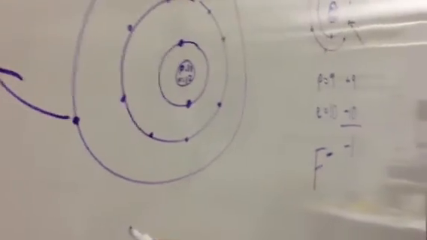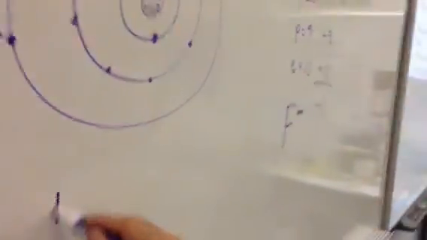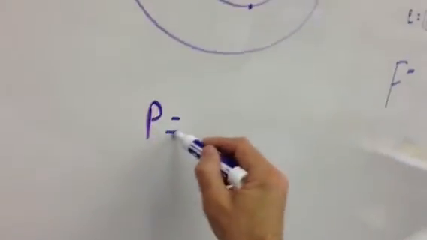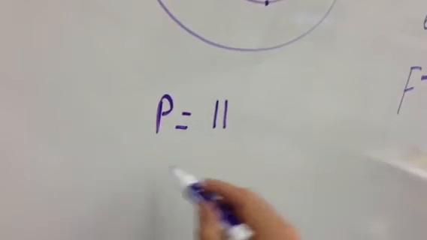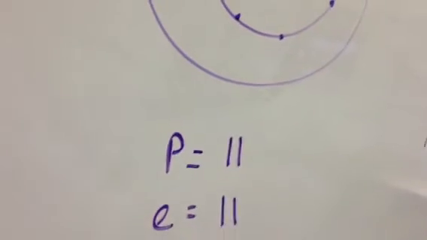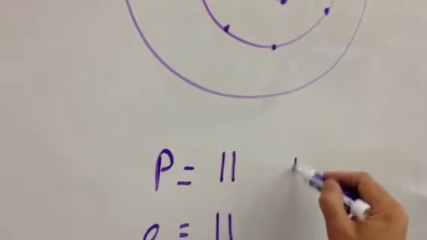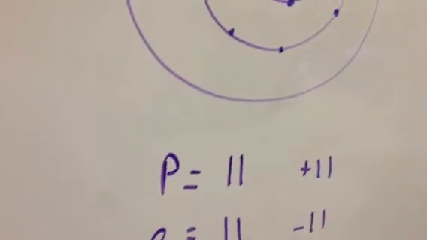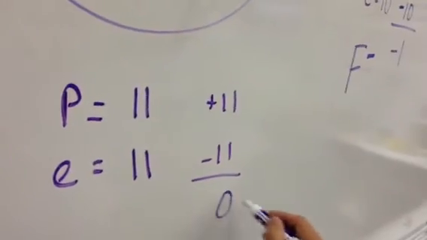Okay, but let's do the numbers. So the number of protons here would be 11 protons. The number of electrons for the neutral atom would be 11. Okay, that's going to give us a plus 11, minus 11, a total neutral charge.